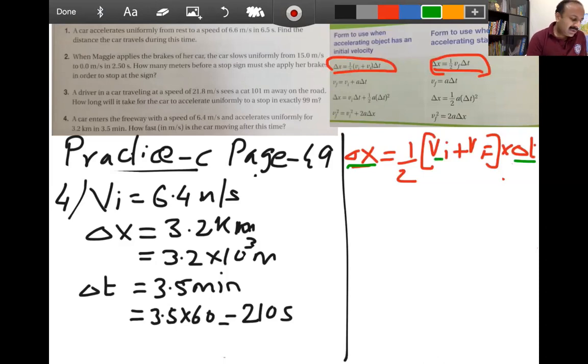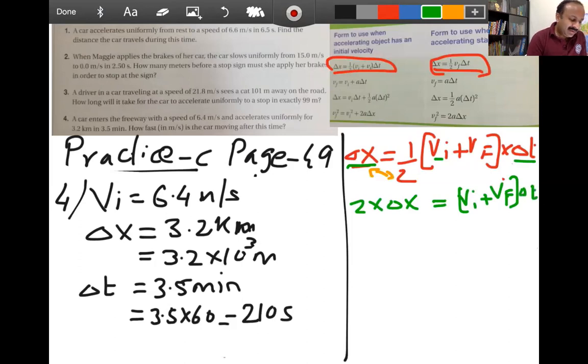So you can just rearrange this equation. You can just cross multiply these terms, this 2 and delta x. So this 2 will come to the numerator. So 2 times delta x will be equal to vi plus vf times delta t.